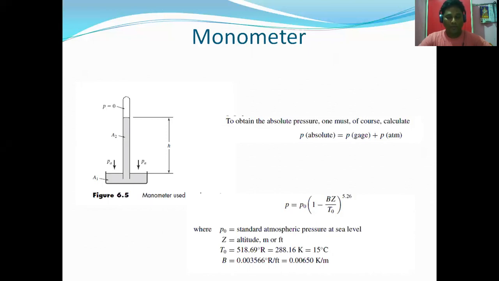Therefore, P of A is equal to 14.696 psi. The height of the column of mercury at 68 degrees Fahrenheit, that is 20 degrees Celsius, could be 760 millimeter.